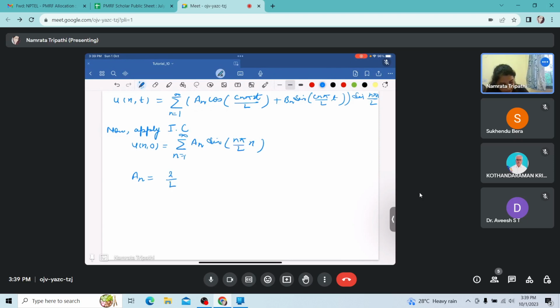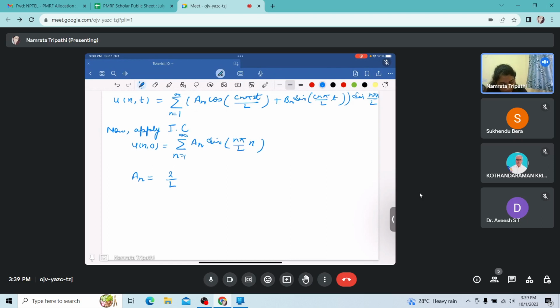Two by L, because in the denominator the integration from 0 to L of sine square n pi upon L x is L by 2.